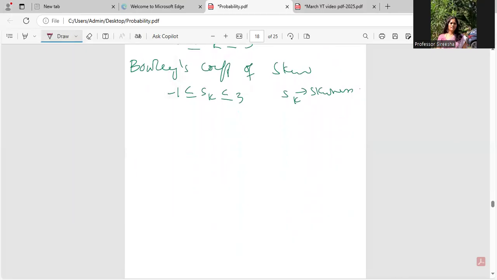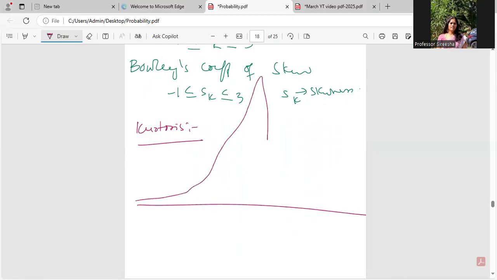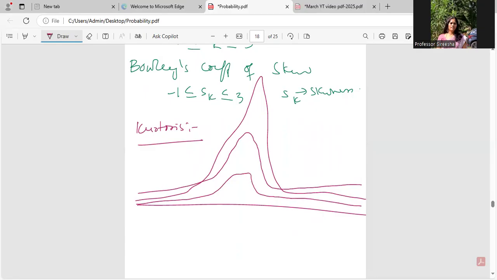Now, coming to kurtosis, guys. I'll have a curve like this, one more curve like this, and one more curve like this.